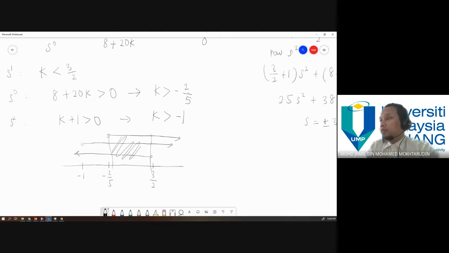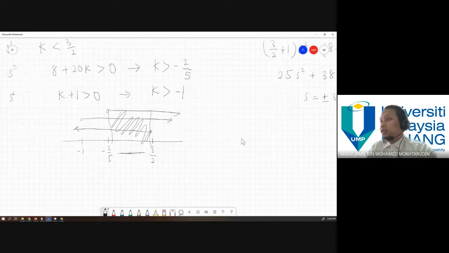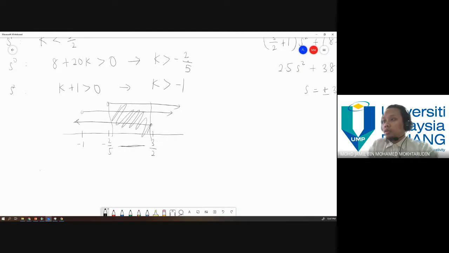Okay. So the range between these are the range of K for stable system. So range of K for stable system is negative 2 over 5 less than K less than 3 over 2. Okay, so this is the range of K.